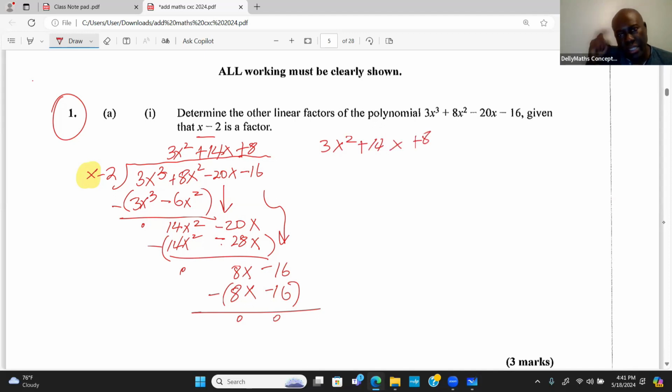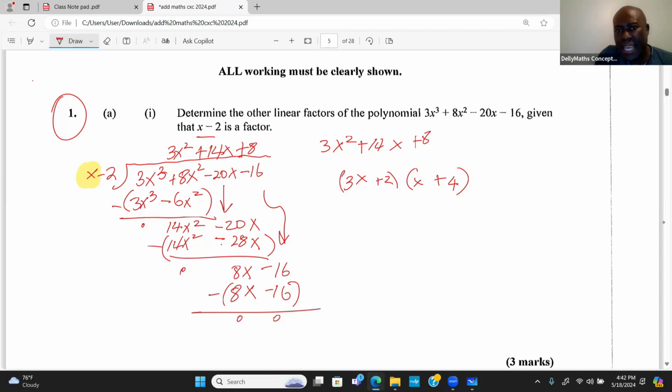Now we need to factorize this as quickly as we can. Basically, if you factorize this, you're going to have 3x here and x here, so I guess we'll have a plus 2 and a plus 4. So there it is, these are the linear factors.